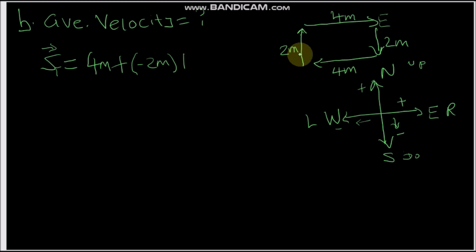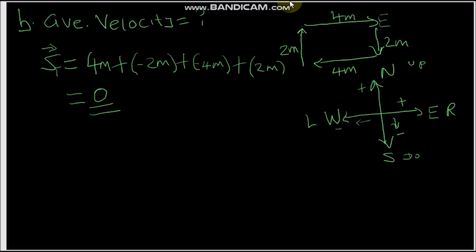Then plus, 4 meters towards west means it's negative 4, plus 2 meters up or towards the north, its displacement value is positive 2. Then this is equal to 0. The total displacement is 0.